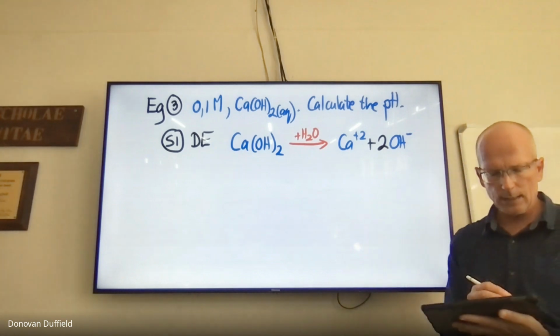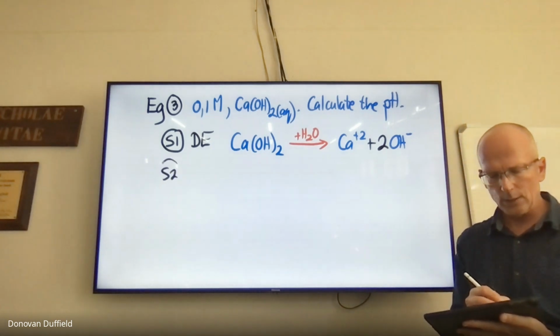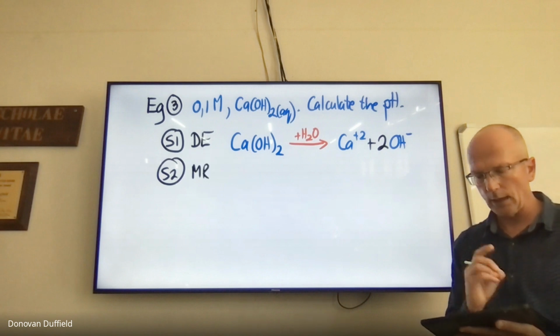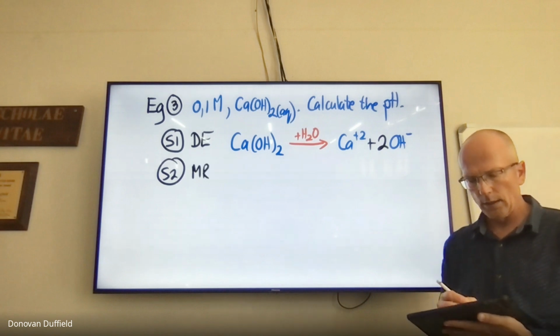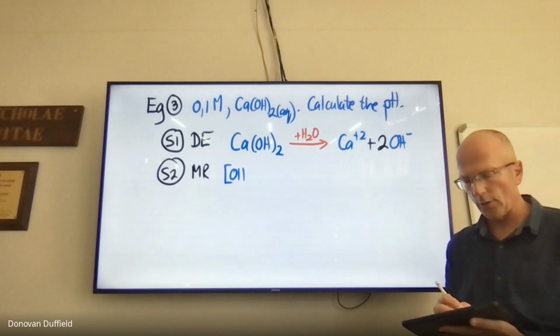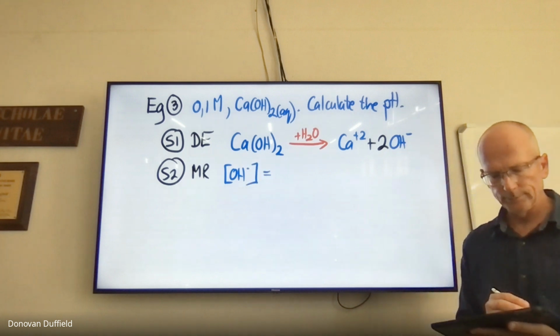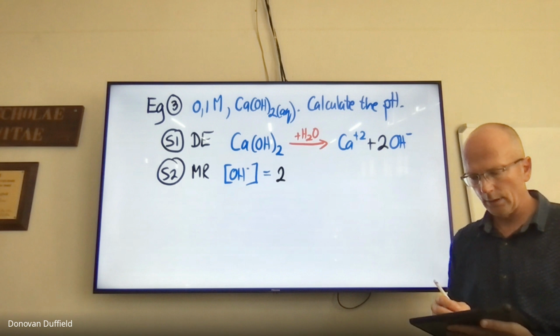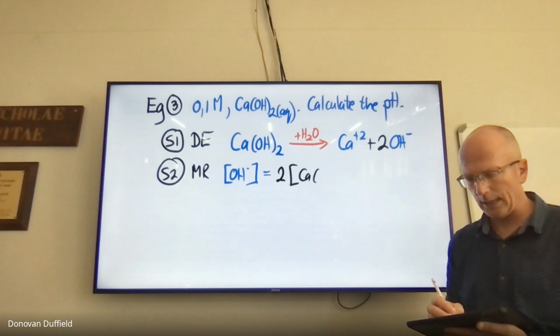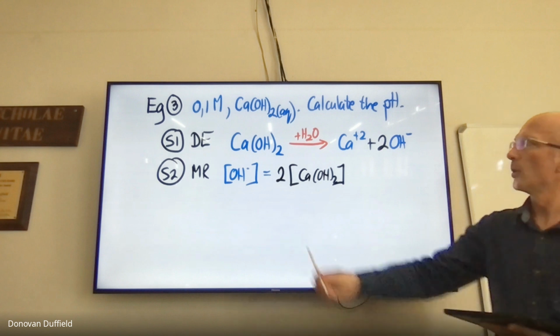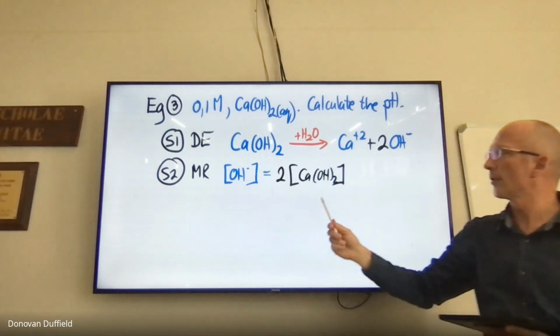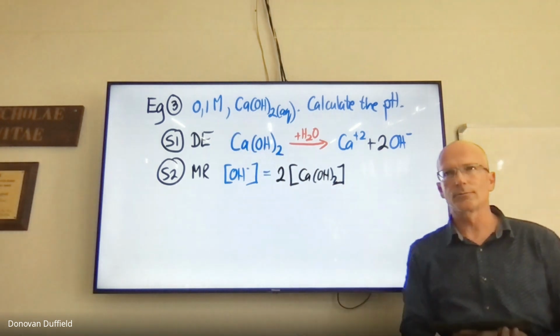So, step number 2 is we work with the molar ratio. But now what we say is the concentration of the hydroxide ion is going to be double the concentration of the Ca(OH)2 solution. We were given the concentration of the calcium hydroxide solution.